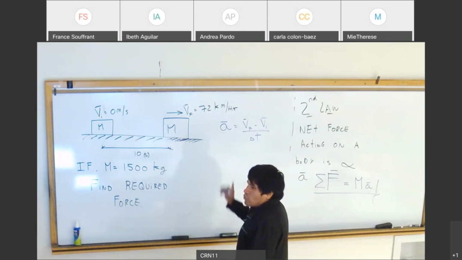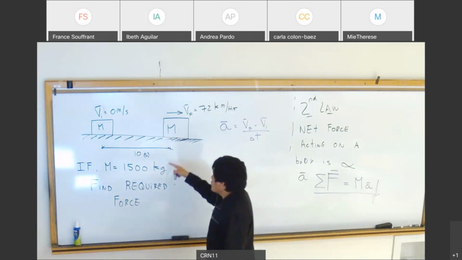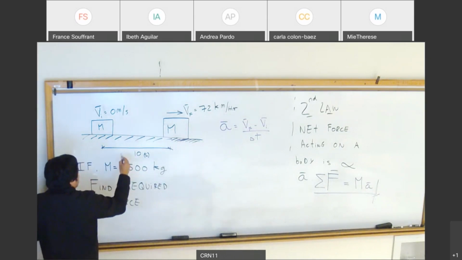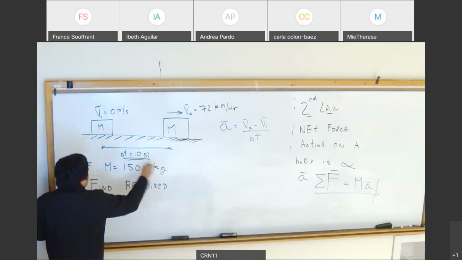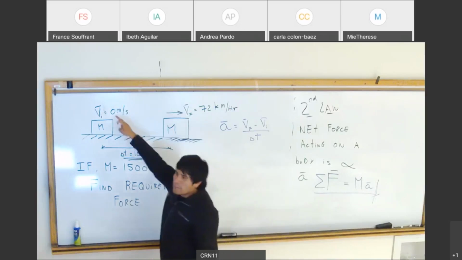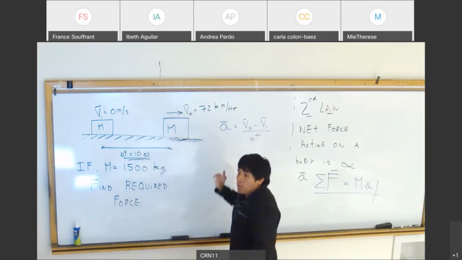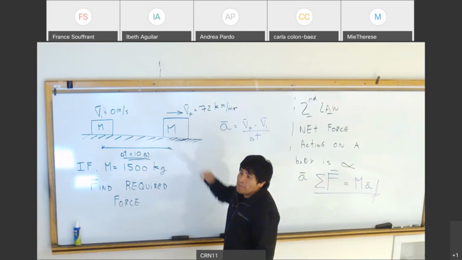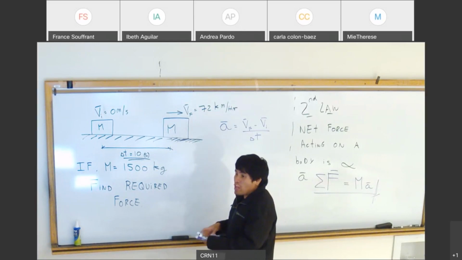But you're given everything: 10 seconds, so this is the time, delta t, 10 seconds. Initially 0, final though, we have to be careful with the units because the units have to be all in meters and seconds. That's in kilometers per hour, so we have to change it.